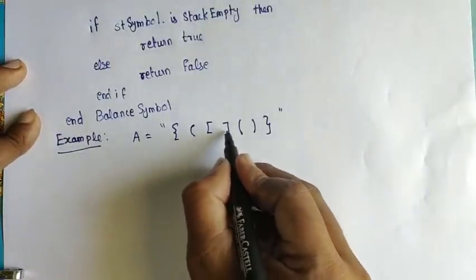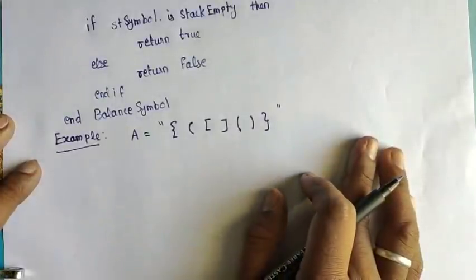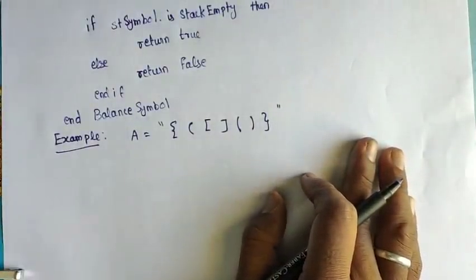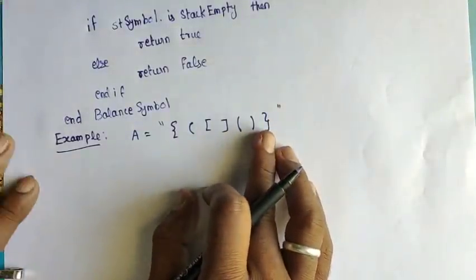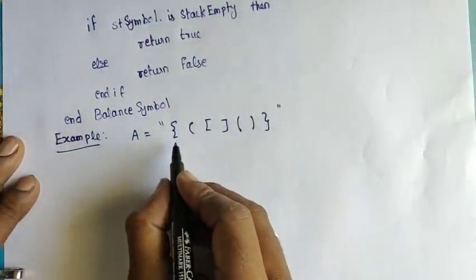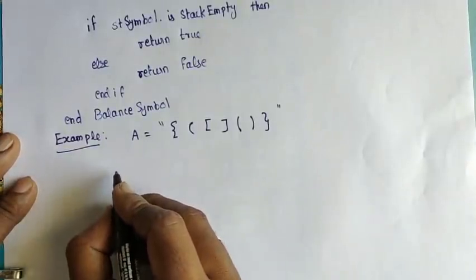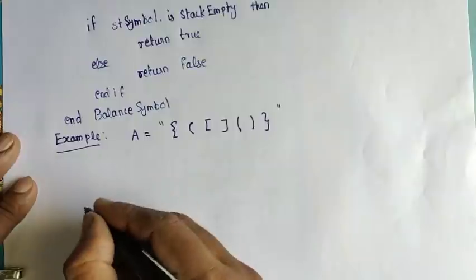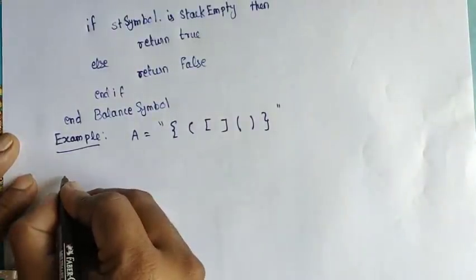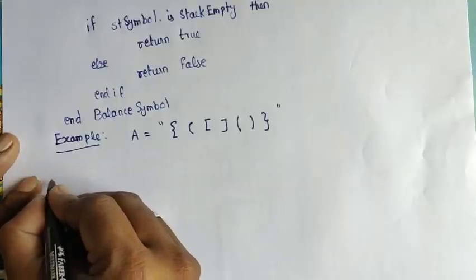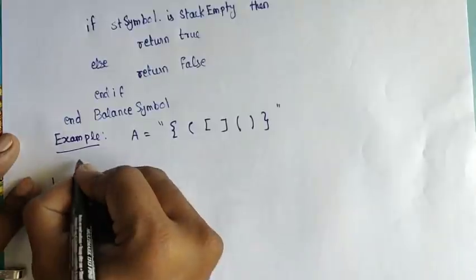Okay, 1 2 3 4 5 6 7 characters are there that we are going to check one by one. First I need one stack. First we are getting the input symbol. Step 1, we are processing the first character.